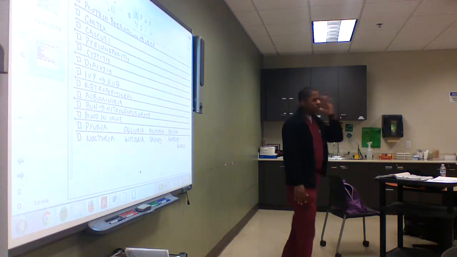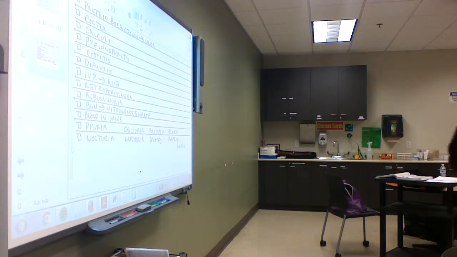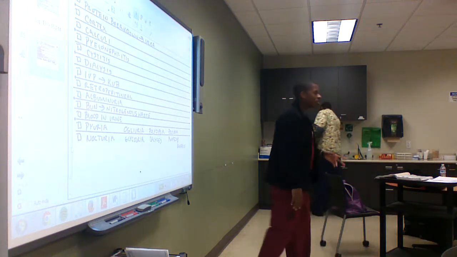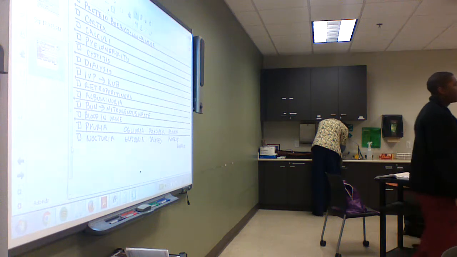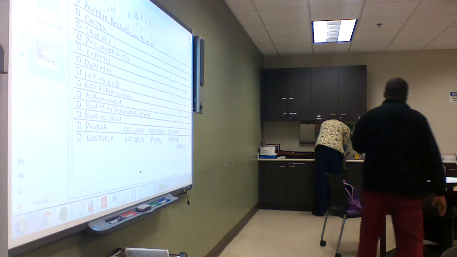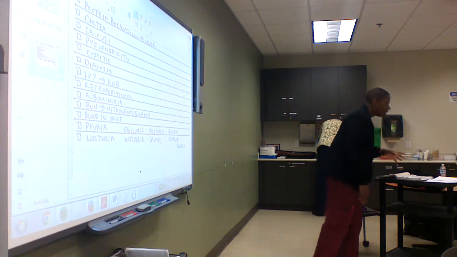Okay? Wait a minute, we just learned what that means, pyel, P-Y-E-L. What does pyel mean? Renal pelvis, okay? So when we say an IVP, it is the same as an IVU, or intravenous urography.